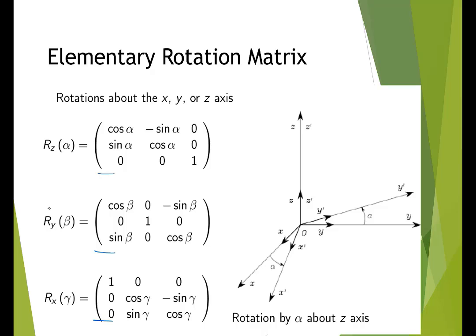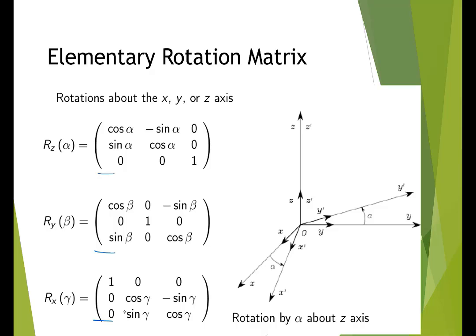It's a combination of rotation around Z, Y, or X. That's why we need only 3 parameters to quantify rotation in 3D and write a rotation matrix. If we know the angles of rotation about Z, Y, and X, we can write the rotation matrix by combining these 3 elementary rotation matrices.